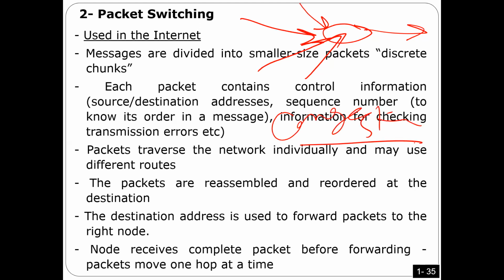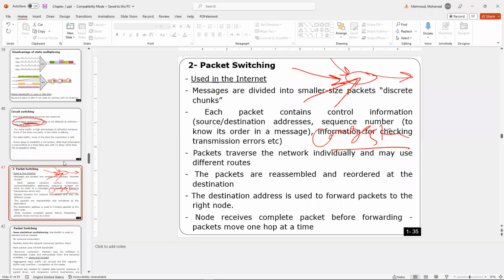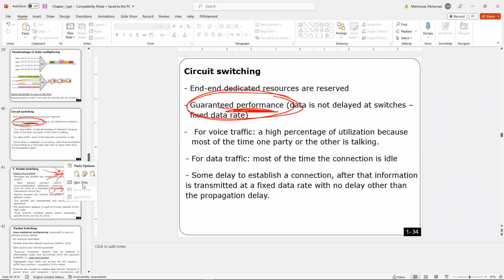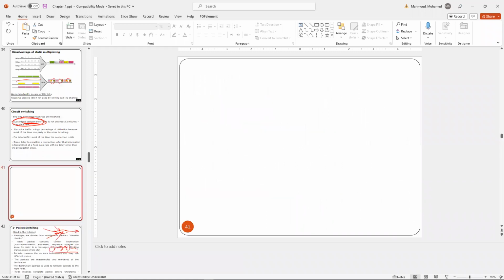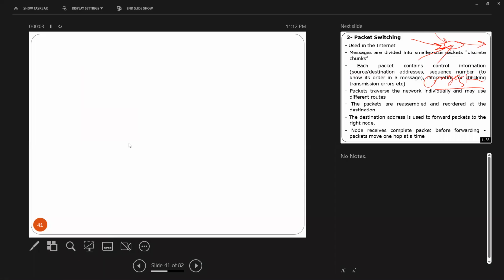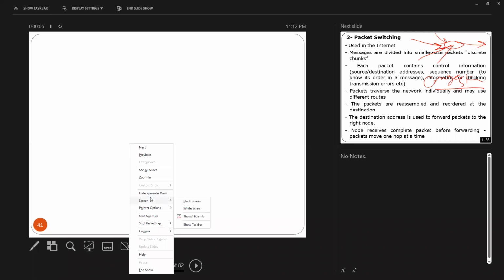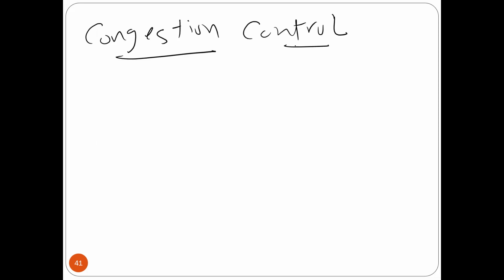By the way, before I continue, there are three important things we need to handle. Let me write them here, because we are going to teach some of them in this course. We have a problem we call congestion, so we need a mechanism for congestion control to solve it.